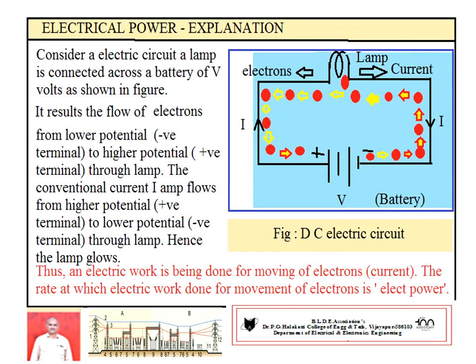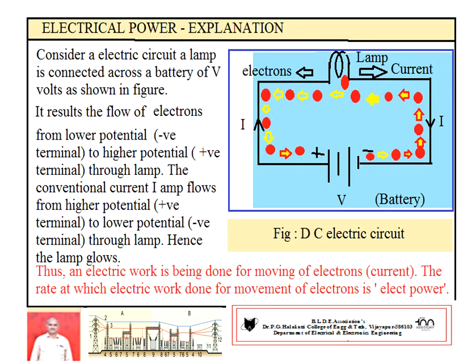Red dots represent electrons. Hence, the flow of electrons exists from the negative terminal to the positive terminal through the lamp, that is from lower potential to higher potential through the electrical lamp.